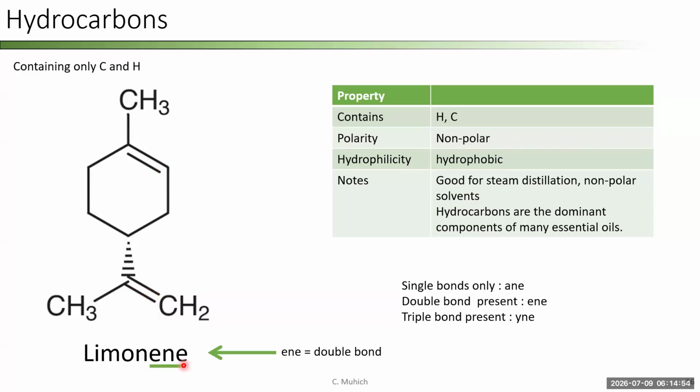But when you see anything with an "ene" at the end, a double bond is present. And so we can look at other names. Hydrocarbons that end in "ane," A-N-E, have only single bonds. When a double bond is present, it gets the suffix "ene," and if a triple bond is present, it gets "yne."